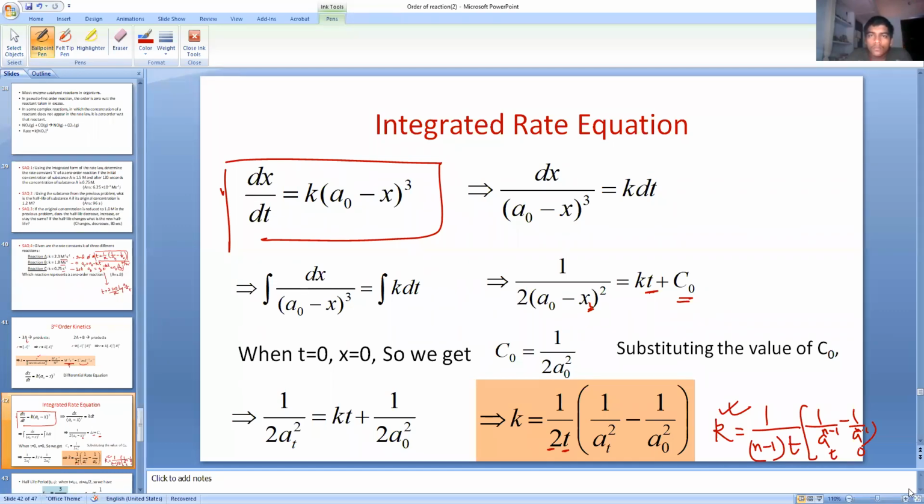But this expression is not valid for first order. For any other order, it is valid, including zero order. And 1 by at to the power n minus 1, n is the order. If n is equal to 3, it will be square. If n is equal to 2, it will be 1. Right?